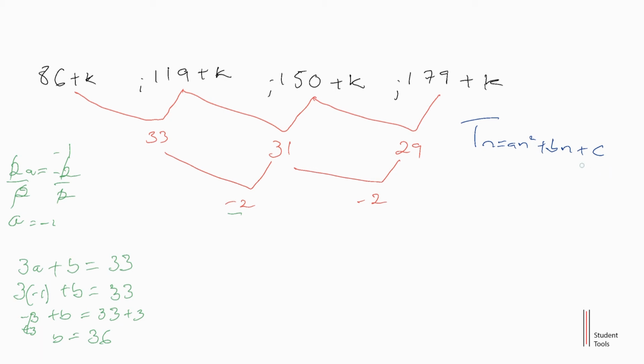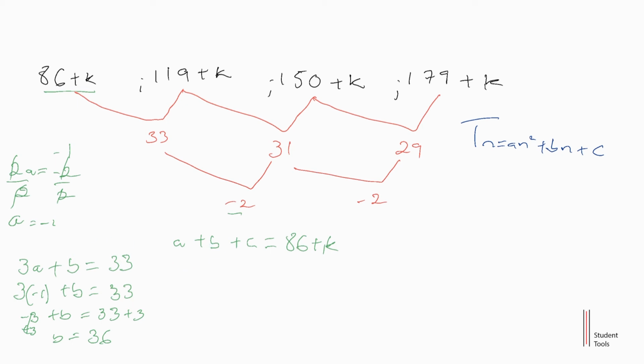So lastly, we have the value of c. To determine the value of c, we have another formula. We have a plus b plus c equal to the first term. So the first term here is 86 plus k. We'll put it here. And then the value of a, we know it, that is negative 1.